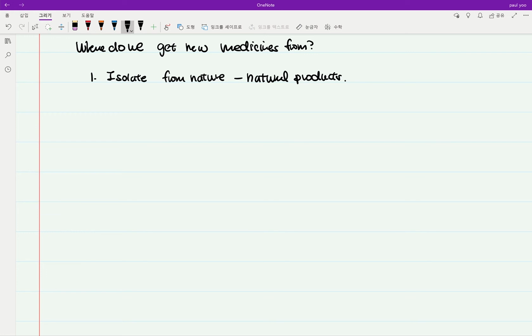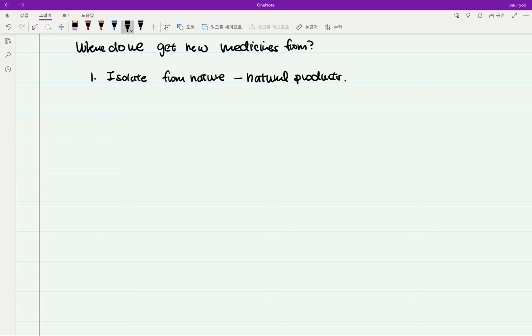I'm going to talk about that in a few minutes. Organisms secrete toxic natural products as chemical warfare against each other, like marine organisms or fungi. Marine sponges are good examples that generate complex molecules to defend themselves.